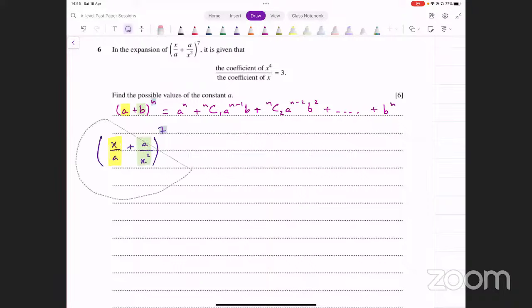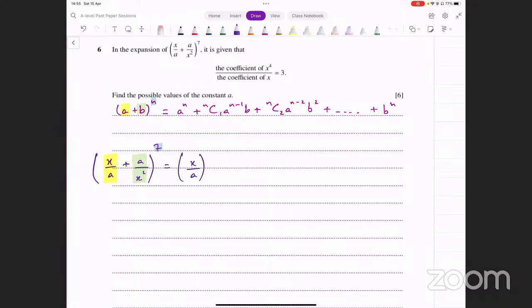Now let's do that and look at the pattern first of all. You don't have to do this full expansion. You're just going to look for these two terms, x raised to power 4 and x, and just ignore everything else. a raised to power n means x over a whole raised to power 7, plus nC1, so that's 7C1 into a raised to power n minus 1, that's x over a whole raised to power 7 minus 1, which is 6, into a over x squared whole raised to power 1.